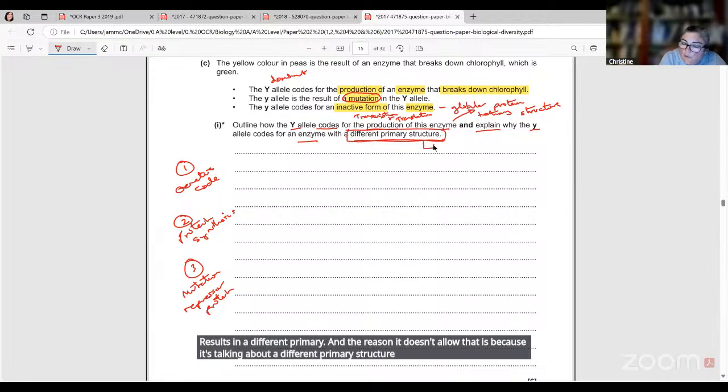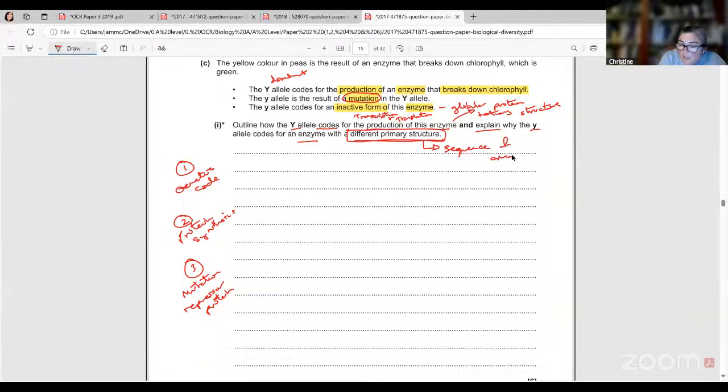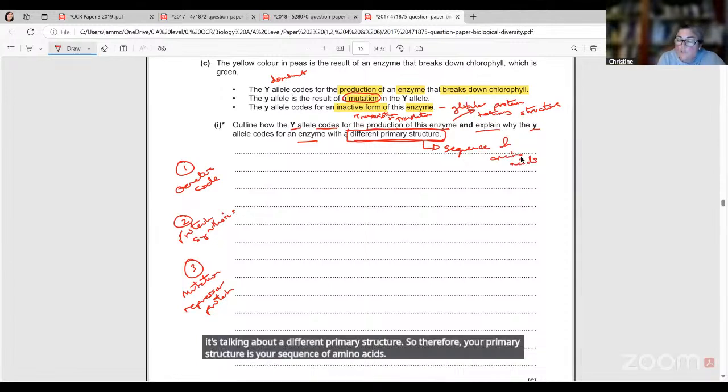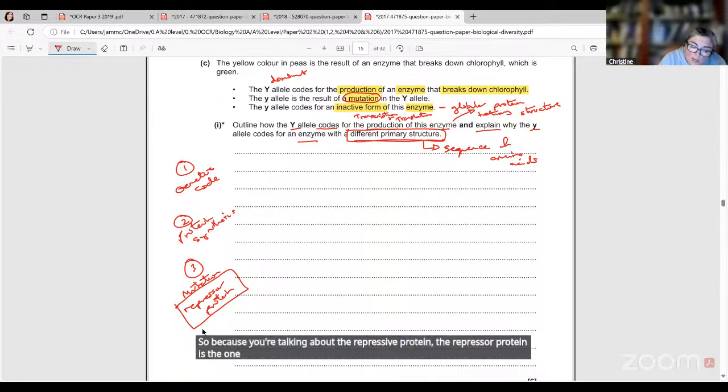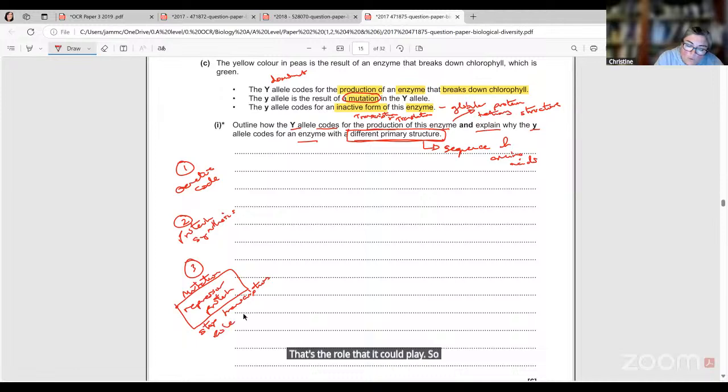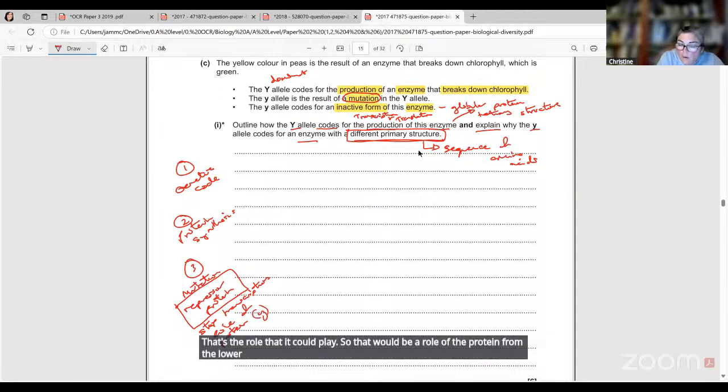So your primary structure is your sequence of amino acids. The repressor protein is the one which is going to stop transcription. That's the role that it could play. That would be a role of the protein from the lowercase y. That's not the fact that it's coding for a different primary structure.